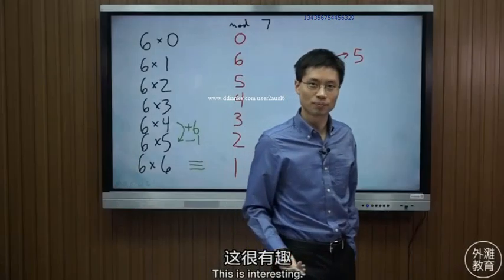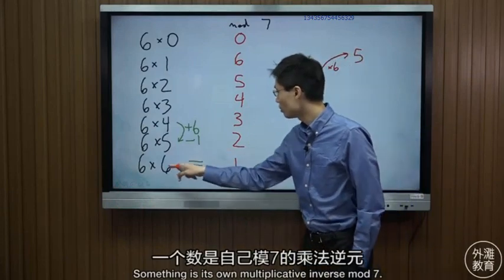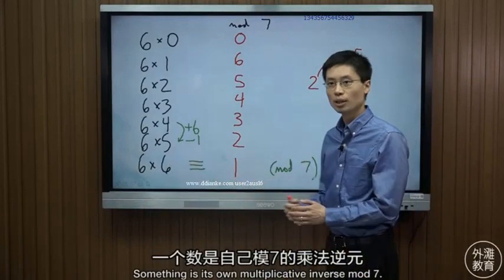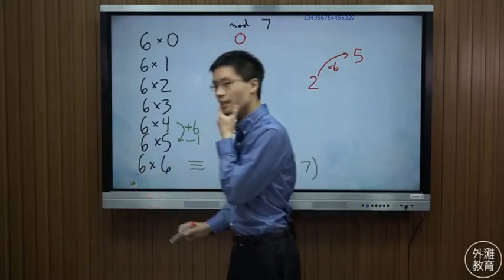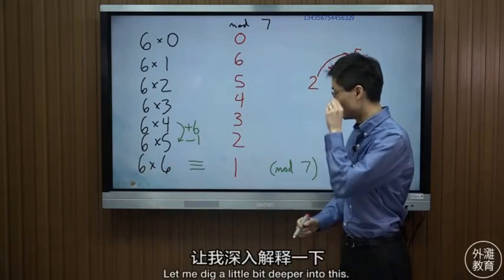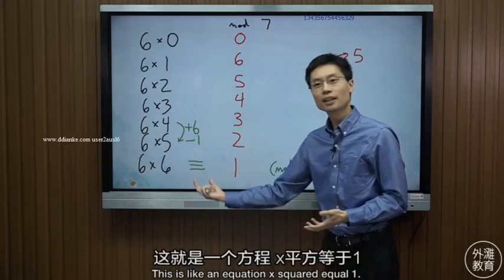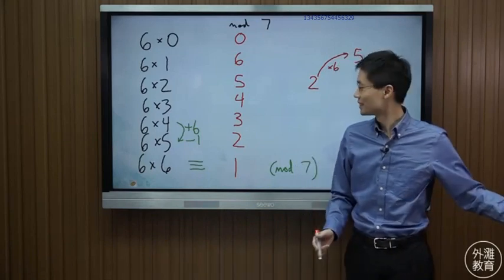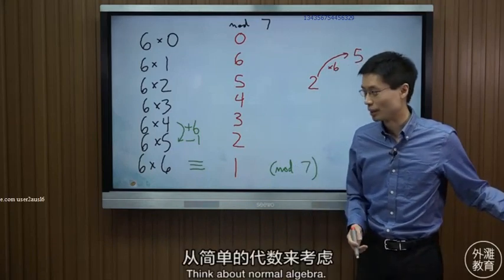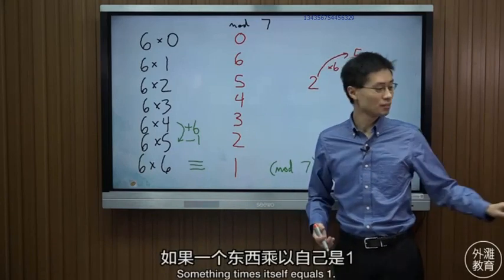This is interesting. Something is its own multiplicative inverse, modulo 7. Let me dig a little bit deeper into this. This is like an equation, x squared equals 1. Think about normal algebra. Something times itself equals 1.